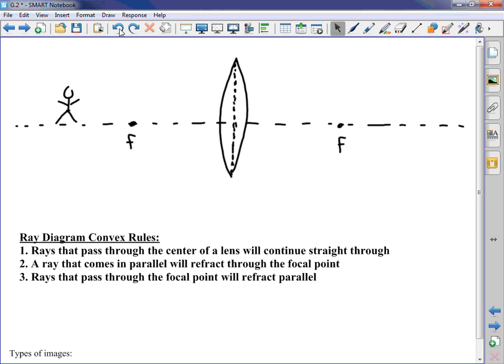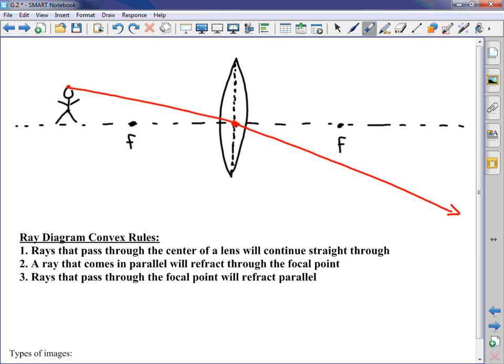In other words, let's talk about the top of his head here. A ray that goes right through the center of the lens, right here through the heart of it all, will continue as if it was completely unaffected. If you're thinking Snell's law here, what would have happened is the ray will refract whenever it enters the lens, but then will refract as it exits the lens in such a manner that it completely counteracts what happened before.